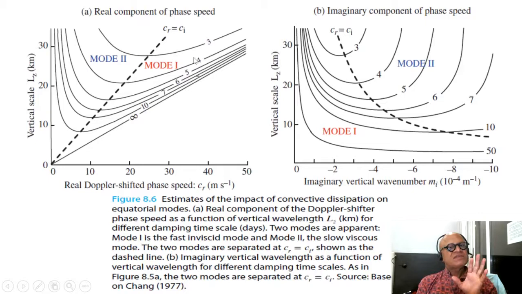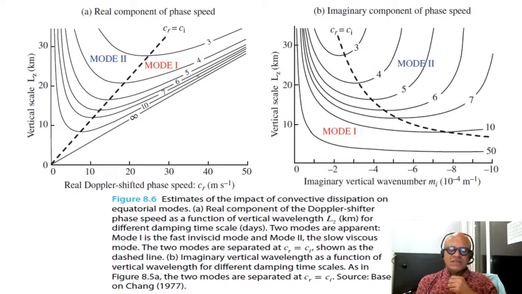So the fast mode is less affected by the friction, which is why it's fast, and this is the regular mode. Imaginary component of the phase speed again as a function of vertical scale height. Again, you can see that the damping scale affects the first mode very little, whereas mode 2 is distributed over a wide range based on the damping time scale.